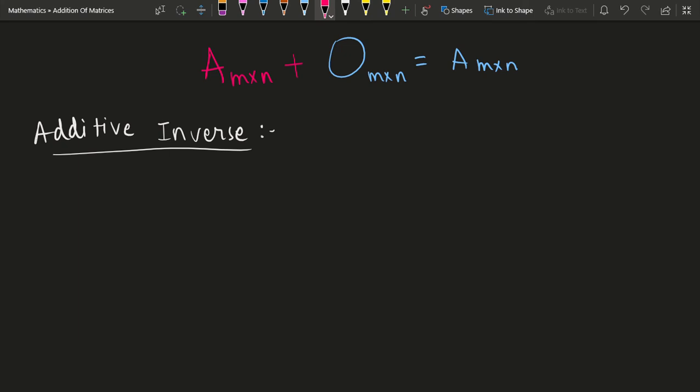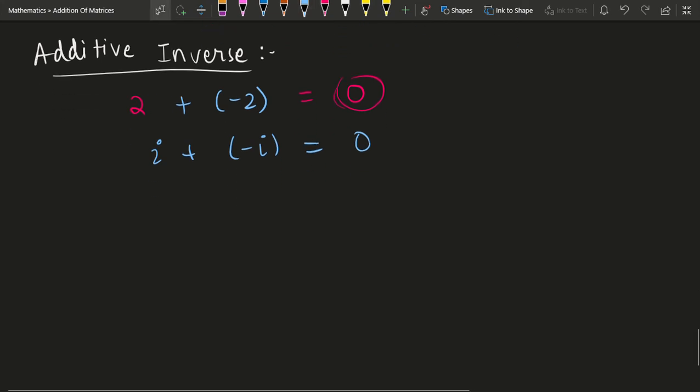If you take the real numbers for an example, you have 2 and you want to get back to the additive identity, which is 0 in the case of the real numbers. So you always have a number, in this case -2, such that adding them gives you 0. If you have the complex number i, you can add the number -i and you would get 0. You can extend that to matrices.